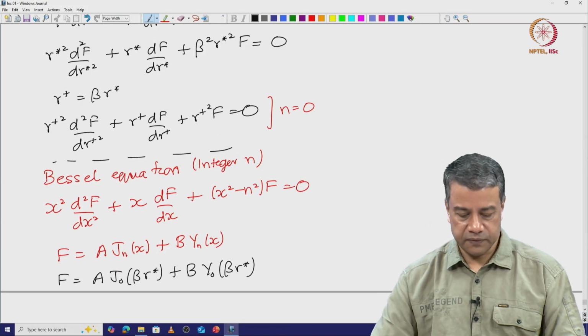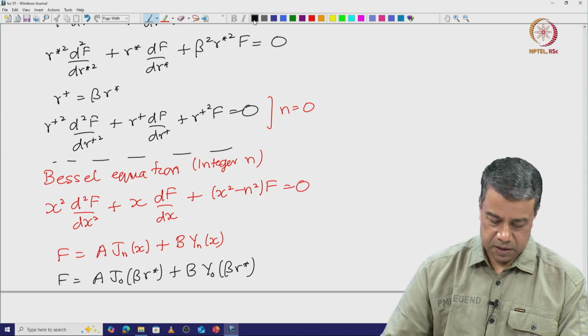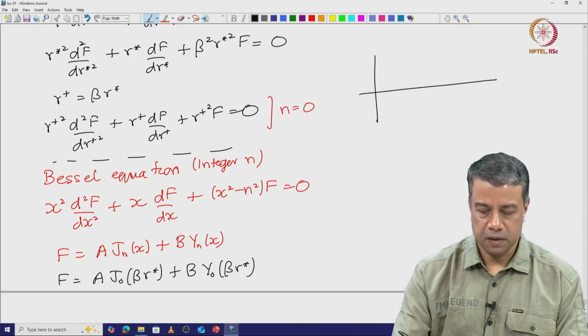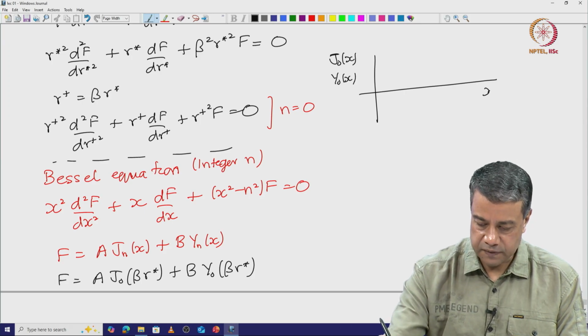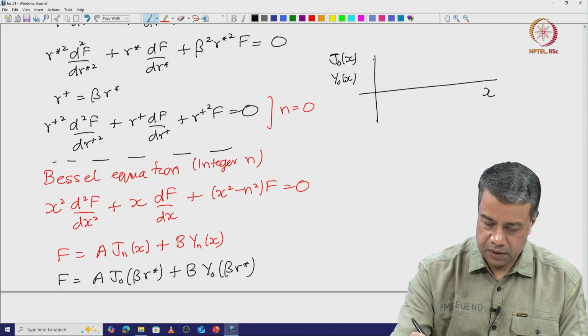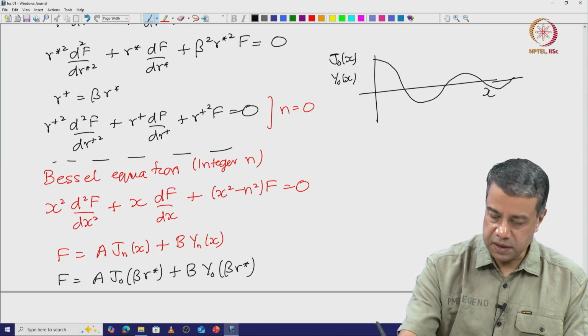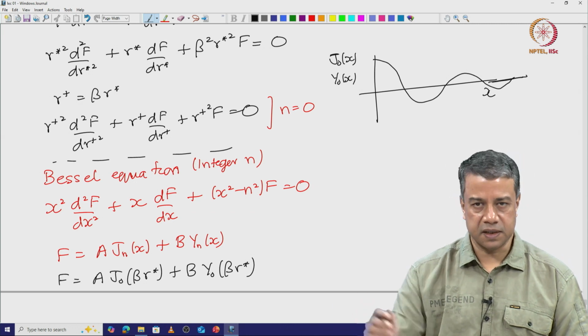And what are the forms of these solutions? If I plot the functions J naught of x and Y naught of x as a function of x, J naught has an oscillating form, but the amplitude of the oscillation decreases as x increases.